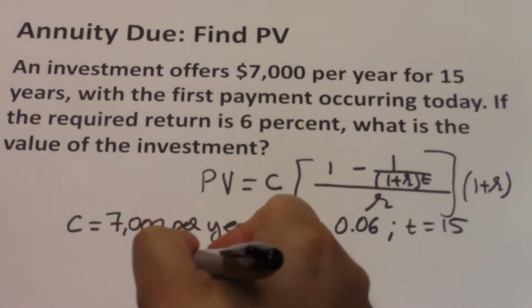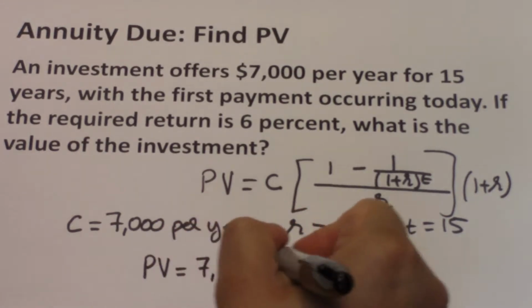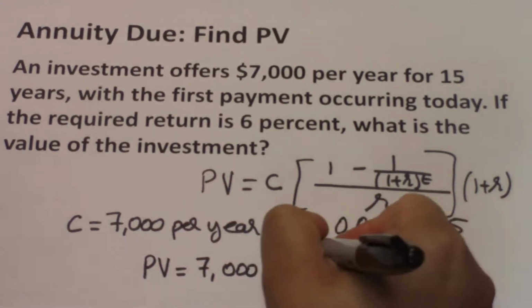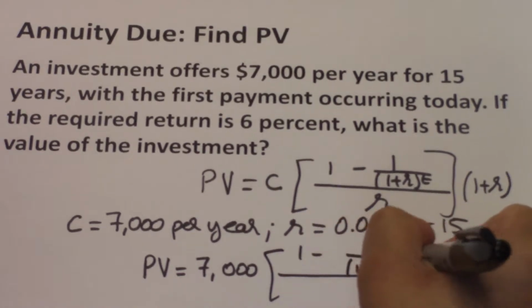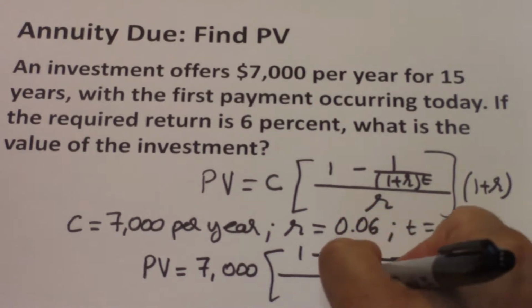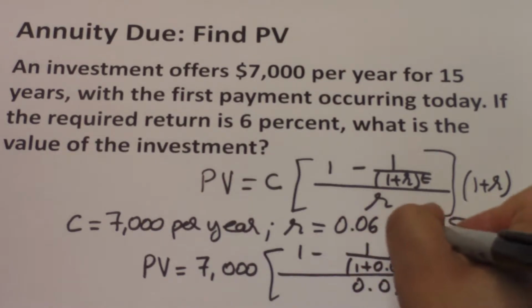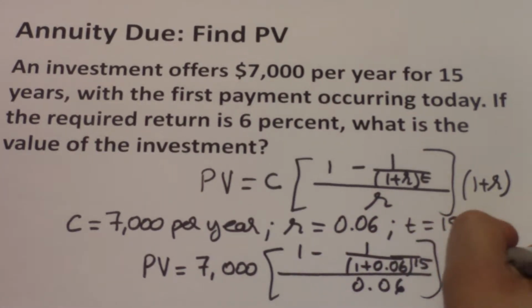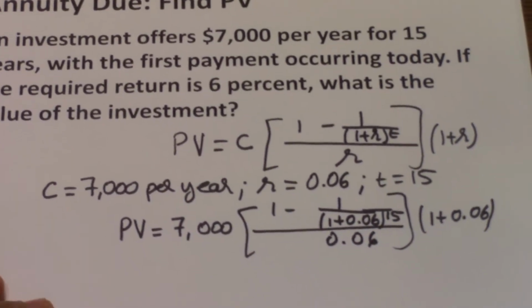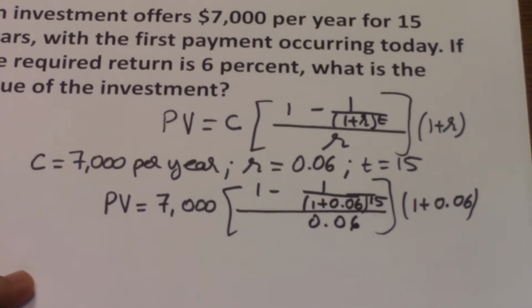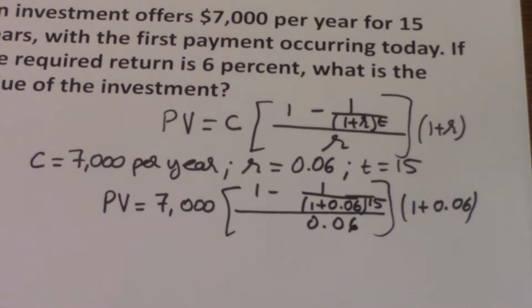Now PV equals 7,000 times 1 minus 1 over 1 plus 0.06 to the power of 15, divided by 0.06, times 1 plus 0.06. So this is our formula, and now we can just start calculating.